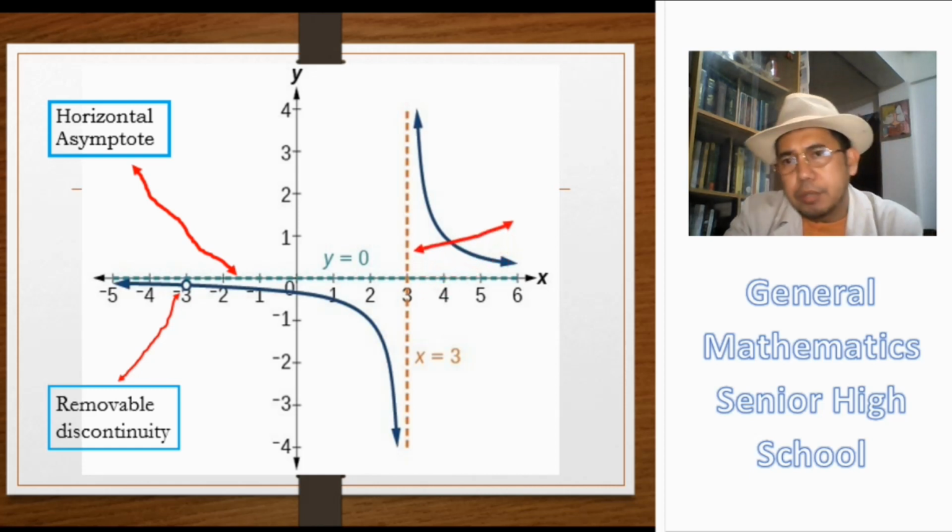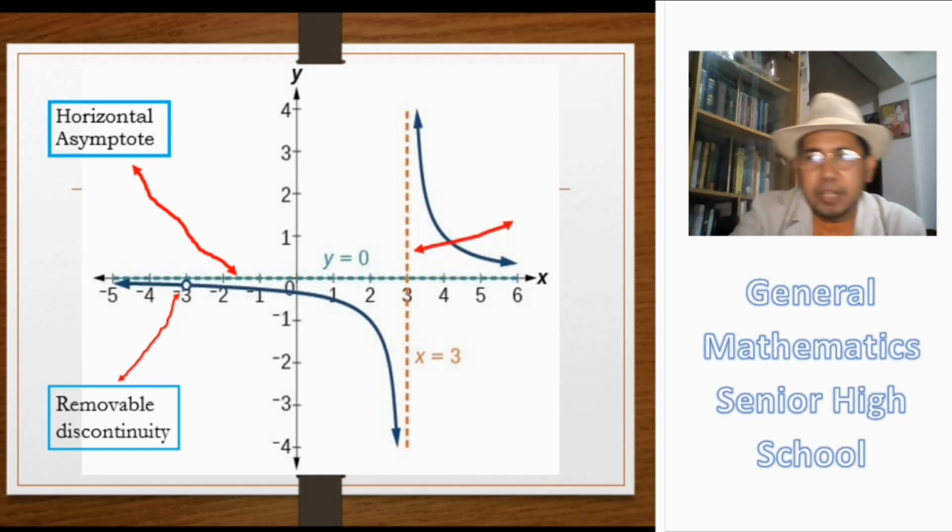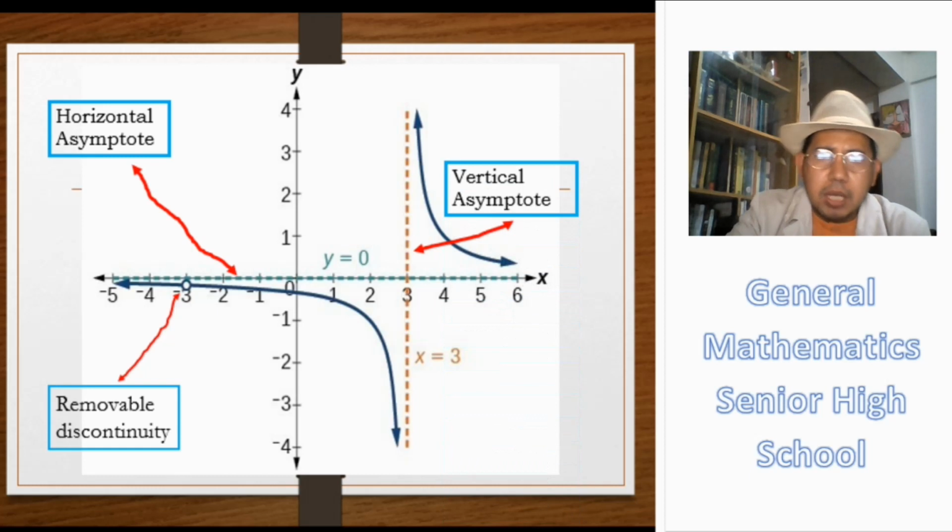Another one in here is the broken red vertical line. What is that? It is called to be the vertical asymptote. The horizontal asymptote, the vertical asymptote, and the removable discontinuity will be expounded more on our next series of discussion.